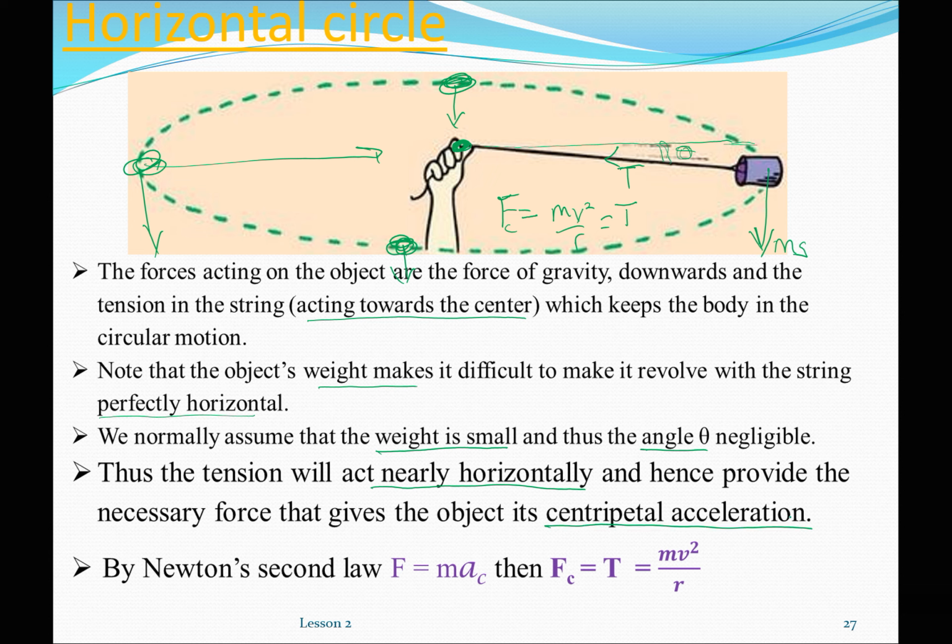So for an object moving in a horizontal plane, using Newton's second law, force is equal to mass times centripetal acceleration, so the centripetal force is just equal to the tension, which is mv squared over r. That is the centripetal force.